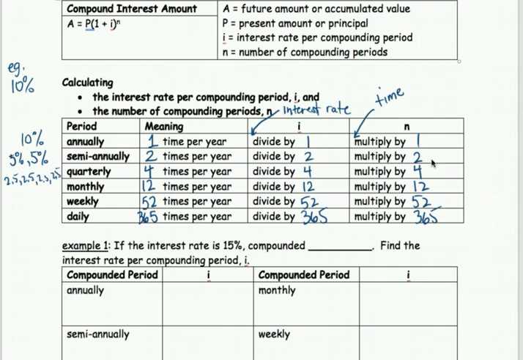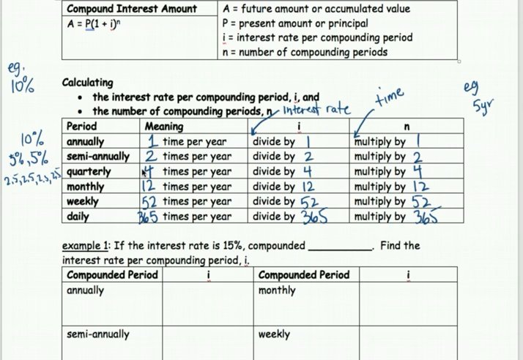So again, for example, if you kept your money in the bank for 5 years, and you have it compounded quarterly, how many times will you actually get paid in 5 years? Well, in each year you get paid 4 times, right?